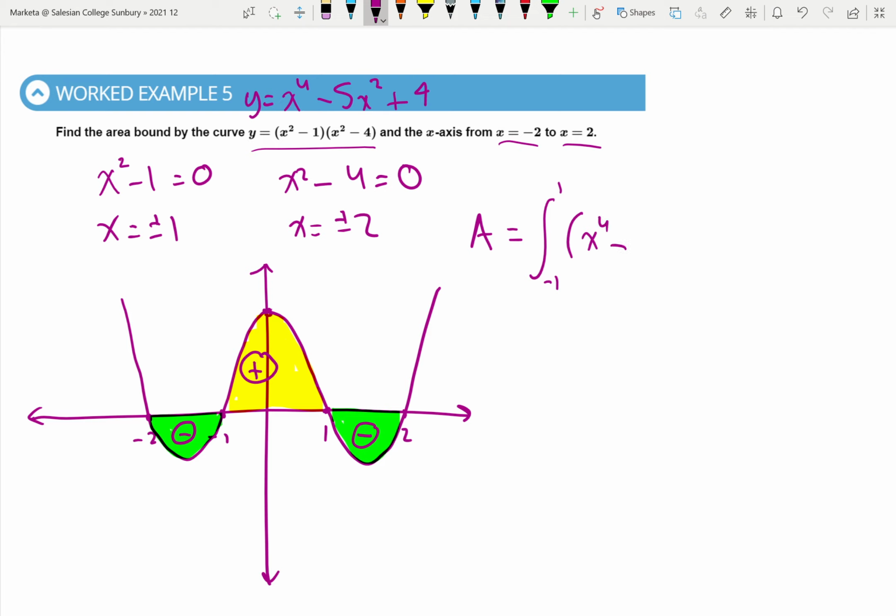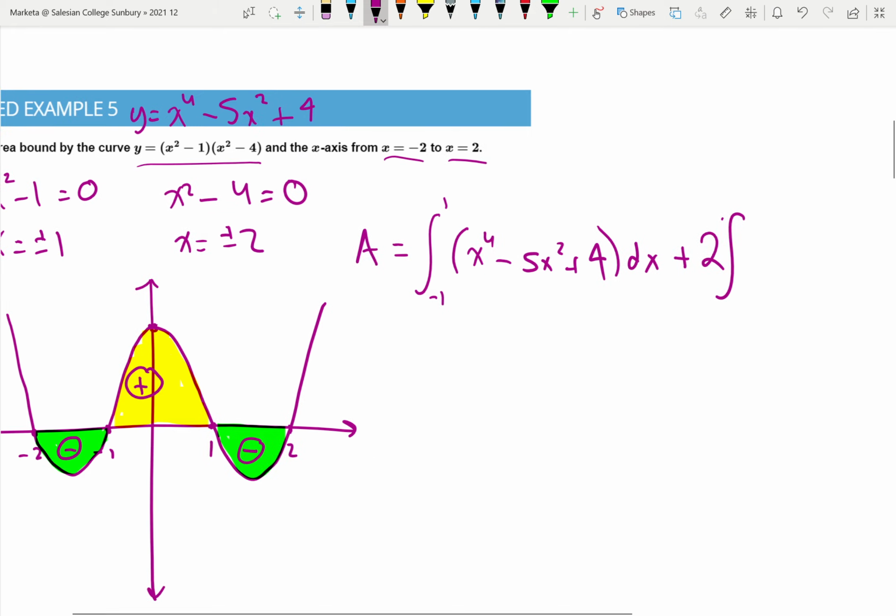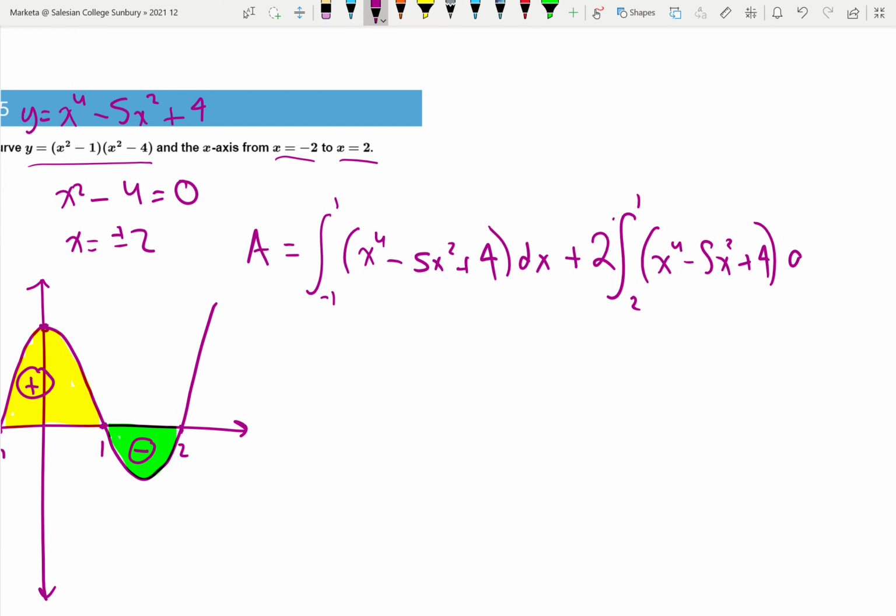So we've got x^4 minus 5x squared plus 4 dx, and I am going to be adding 2 of the green areas. Flip the terminals, so let's do 2 to 1. I could have done -1 to -2 instead. I just am choosing the positive because it's easier for the substitution. So here would be our area equation, written nicely, making sure that we account for the negative area.